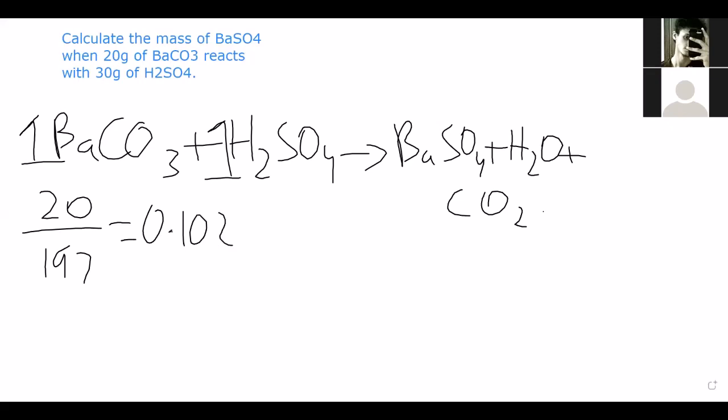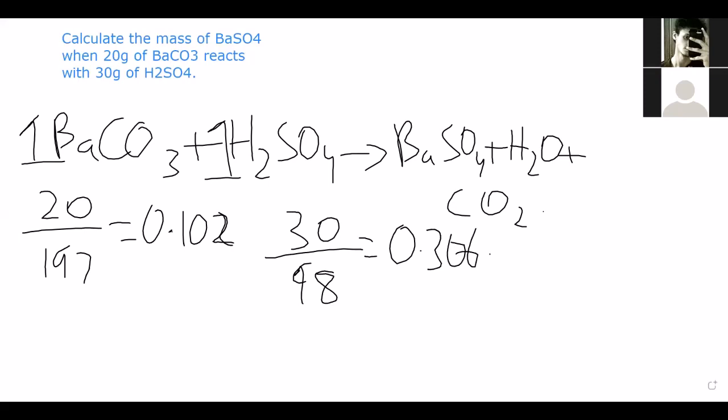For H2SO4, the number of moles will be 30 upon 2 plus 32 plus 4 times 16. This is equals to 0.306. Now here we can see again that the moles of BaCO3 are less than the moles of sulfuric acid. So barium carbonate is the limiting reactant and sulfuric acid is in excess.